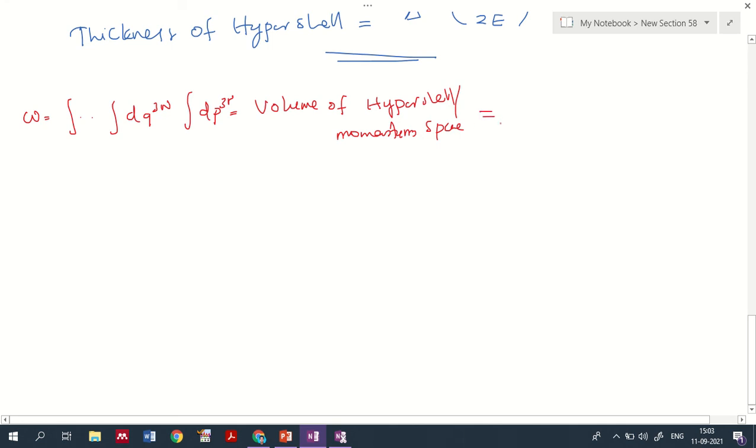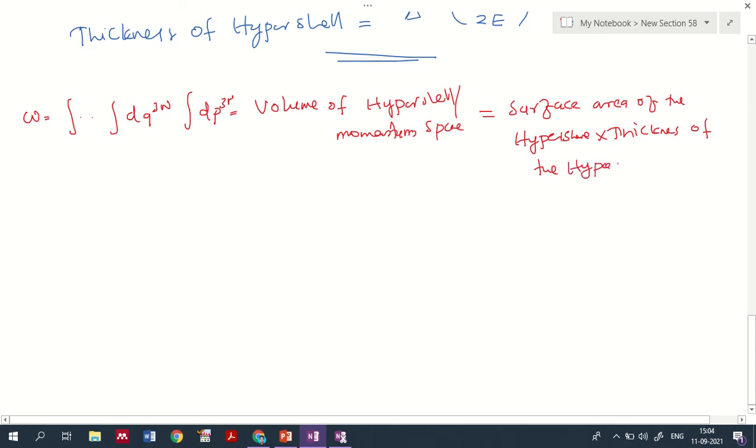So how do we find that? From the above figure we have shown, we have to take the surface area of the hypershell, into the thickness in the momentum space, or thickness of the hypershell.